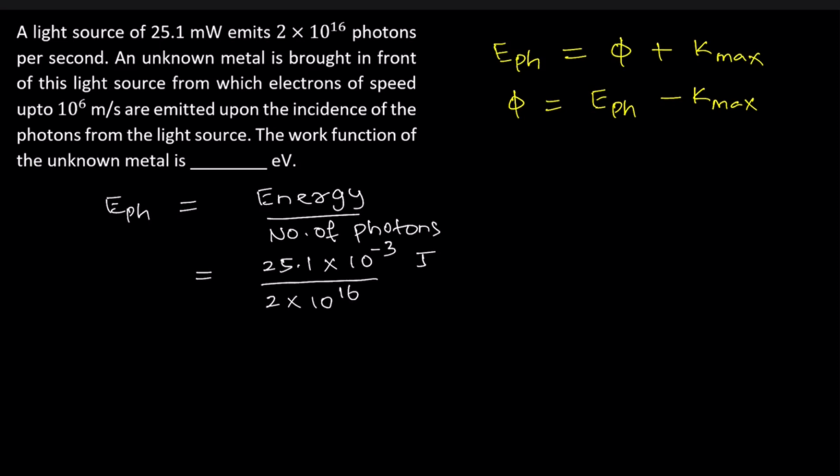But here we have energy in joules. To convert energy from joules to electron volts, we need to divide this by the magnitude of the charge of an electron.